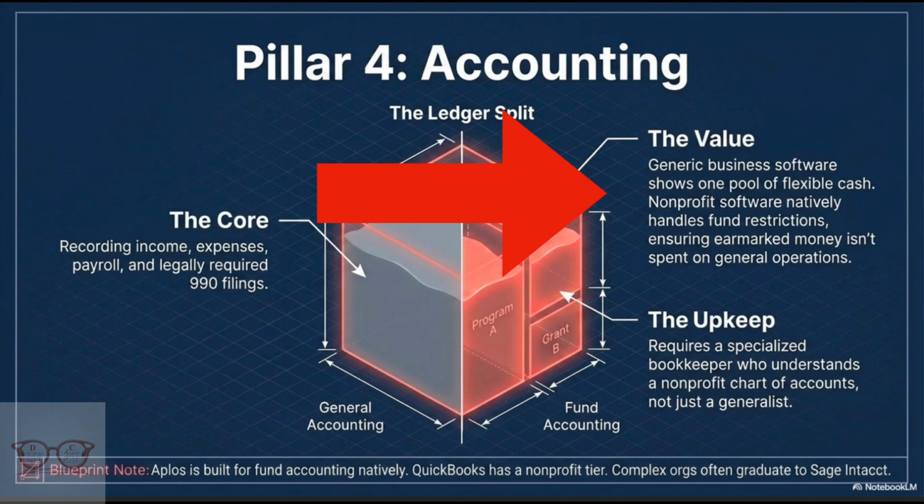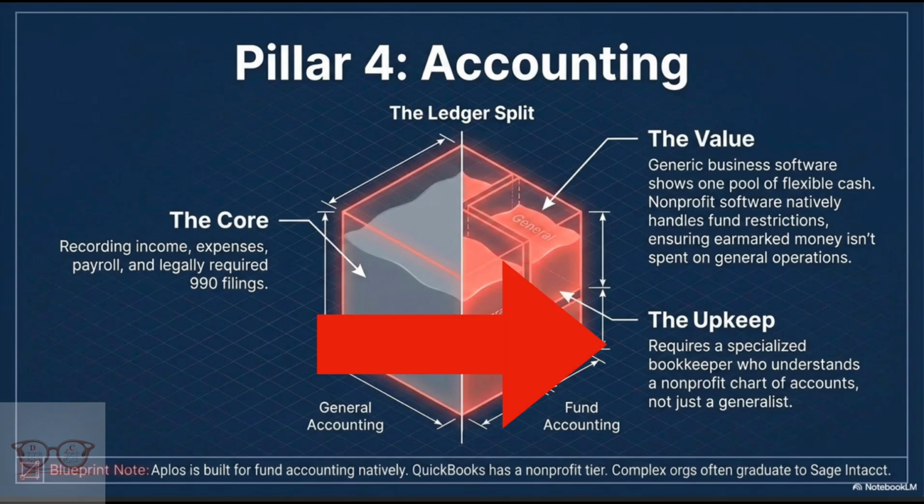Now, why it matters is that standard small business accounting software doesn't handle fund restrictions natively. A generic setup can make it look like you have more flexible cash than you actually do, and that creates a real problem at audit time or when reporting to a funder or the board.